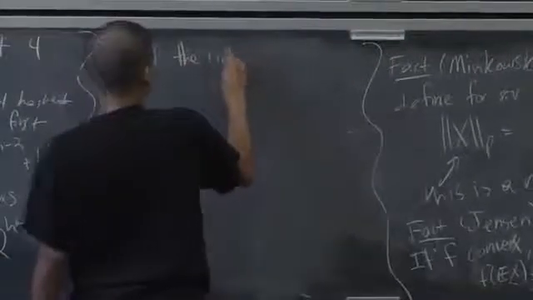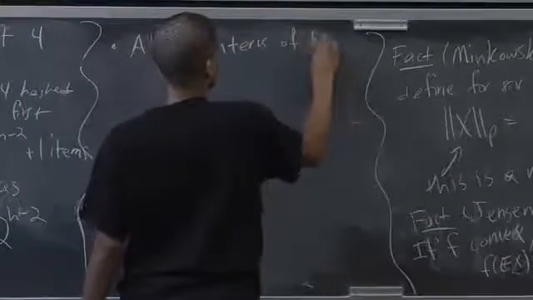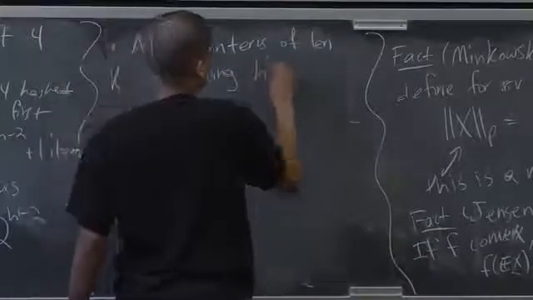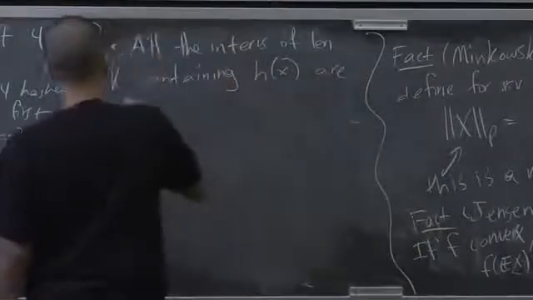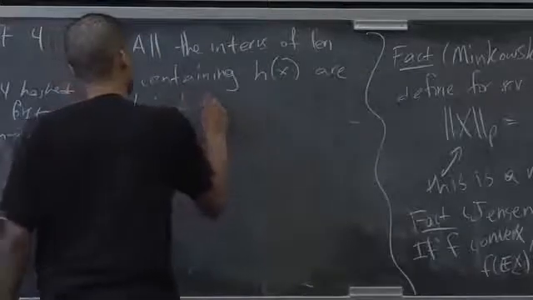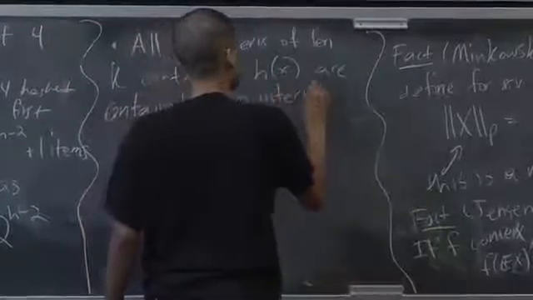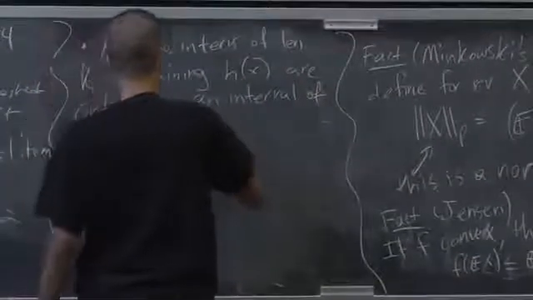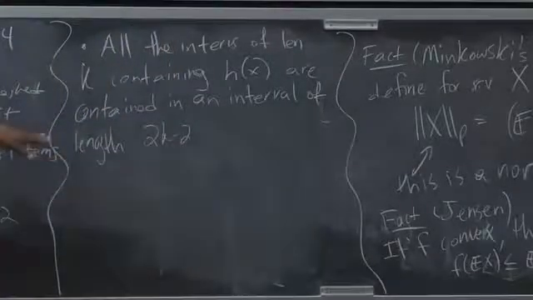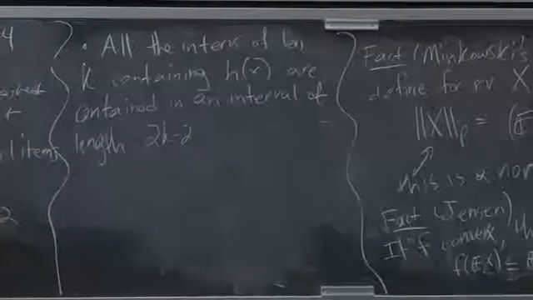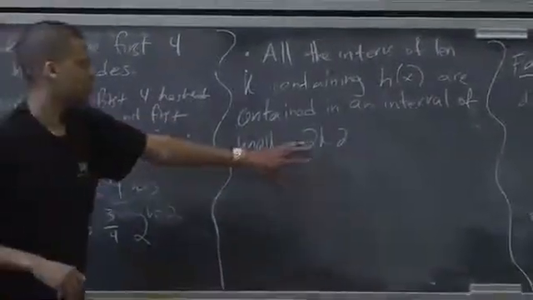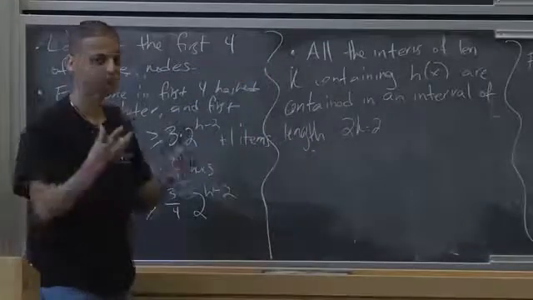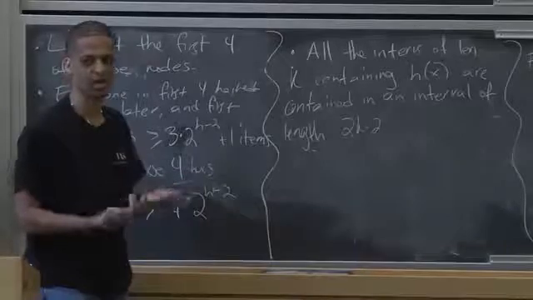All the intervals of length k containing h of x are contained in an interval of length 2k minus 2. And if you look at all of these intervals and look at the first 4 that you would consider for the first of the intervals, the first 4 that you consider for the next of the intervals in this kind of spanning argument, the total number of nodes at height h minus 2 that you'll consider is a constant.